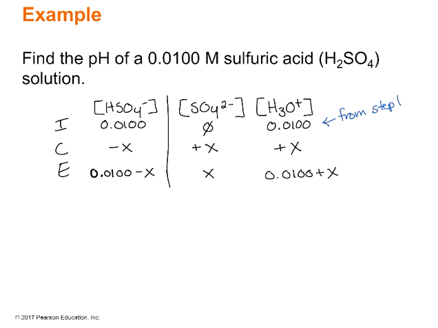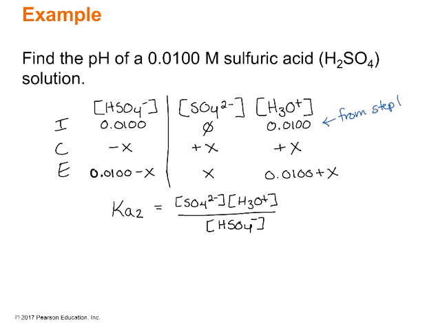So now the next part, we're going to set Ka2 for sulfuric acid, because this is the second step, equal to the concentration of SO4 2- at equilibrium times the concentration of the hydronium ions at equilibrium, all over the concentration of hydrogen sulfate also at equilibrium.